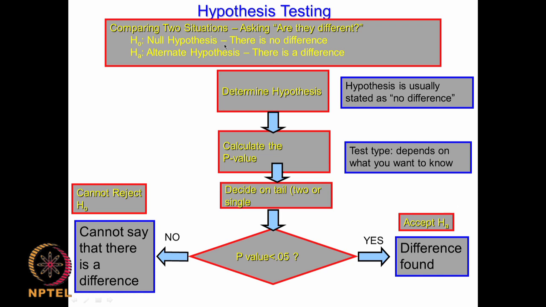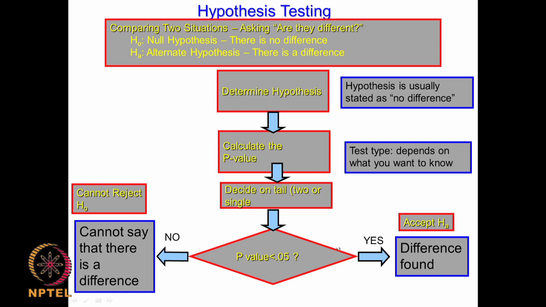So, initially you start with the hypotheses H naught and HA. Then you decide on your p value, whether it should be 95 or 99, then you decide on the tail, whether it should be single tail or double tail, then you calculate the p value. And then you compare the p value with 0.01 or 0.05.